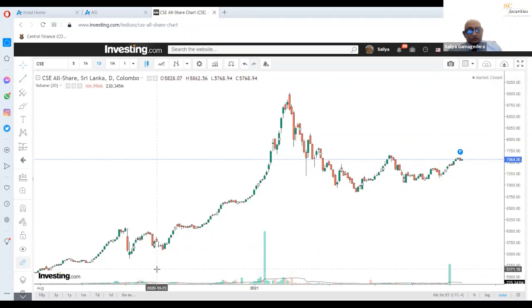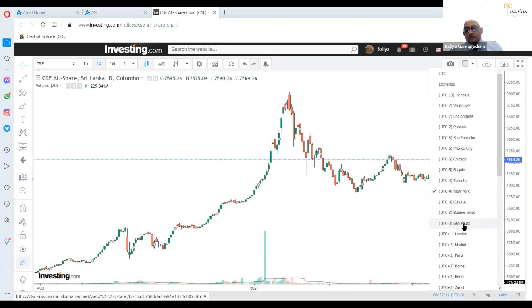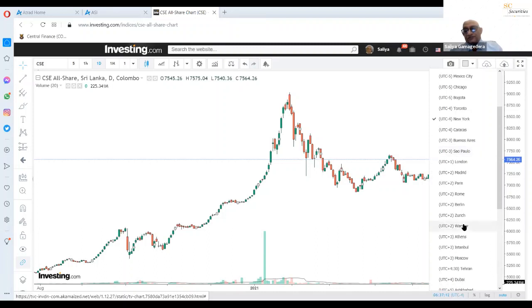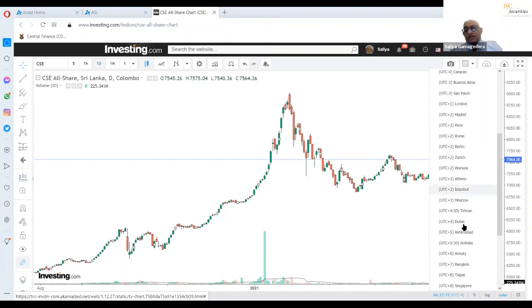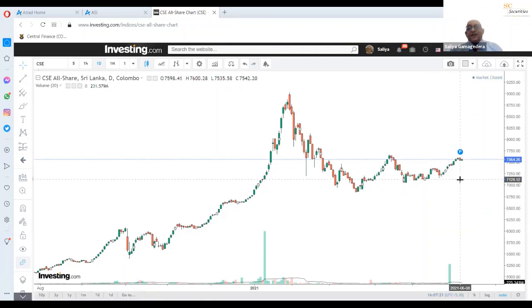And then also, if you come down to this panel over here, you will see the time period. At the same time, over here, you can change the time zone. Since we are using 5.5 GMT, we can go to that, which is here, Kolkata, 5:30 UTC. Then we are in our local time.